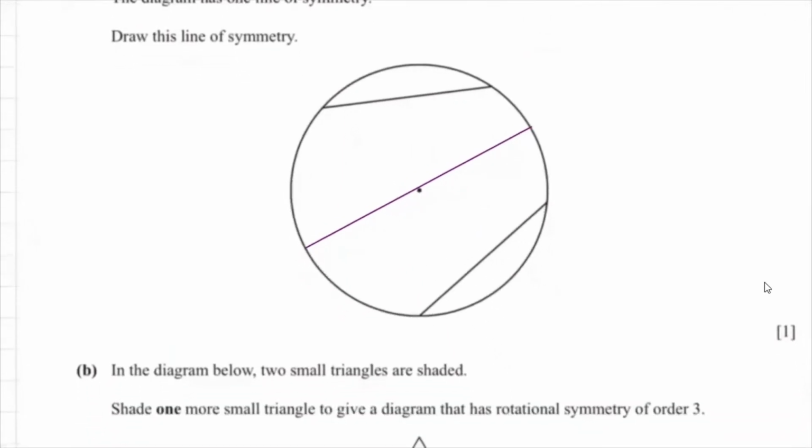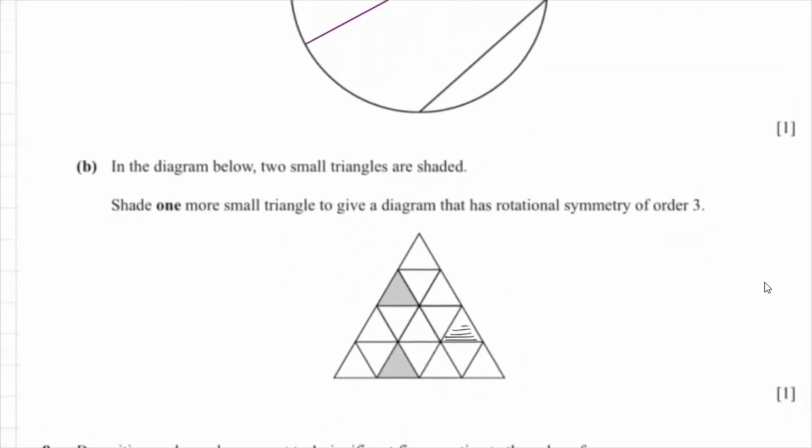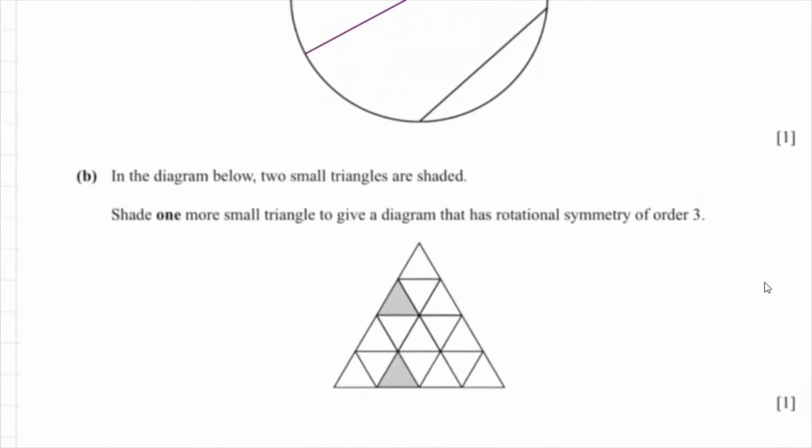In the diagram below, two small triangles are shaded like you see over here. Like you see over here, this is shaded and this is shaded. Shade one more small triangle to give a diagram that has a rotational symmetry of order 3.